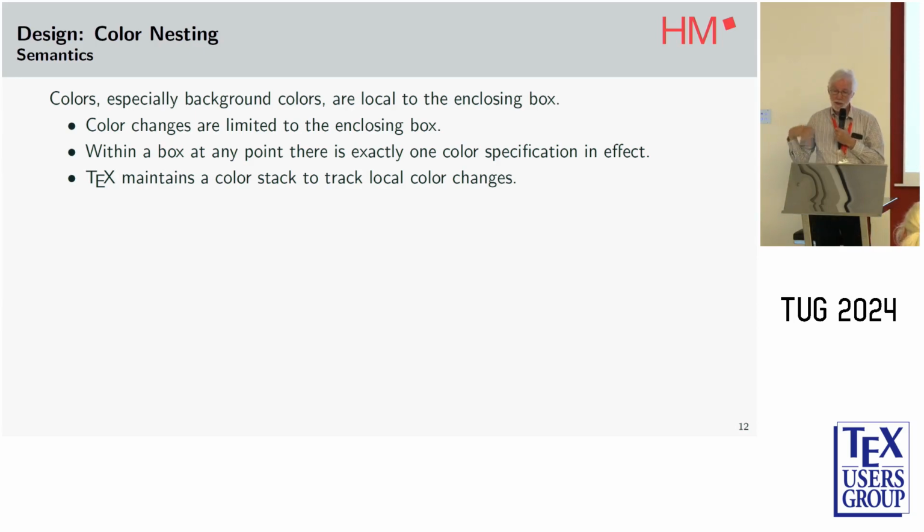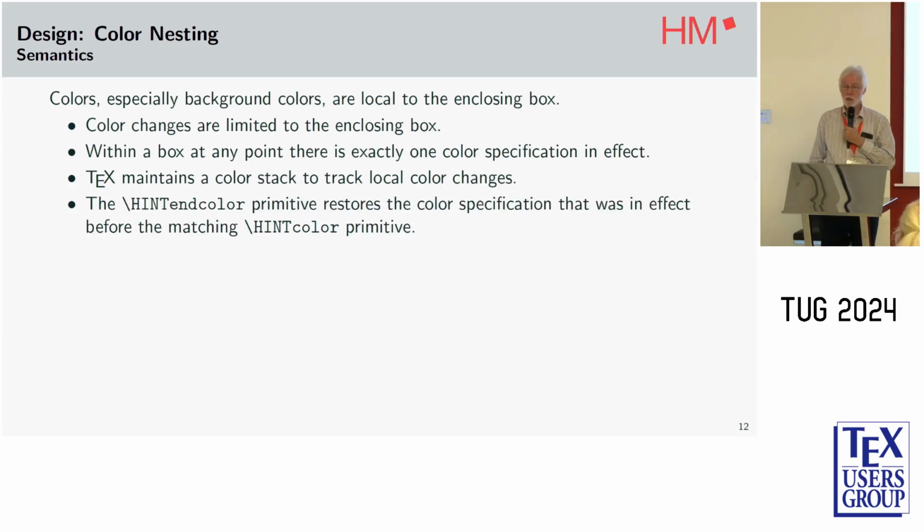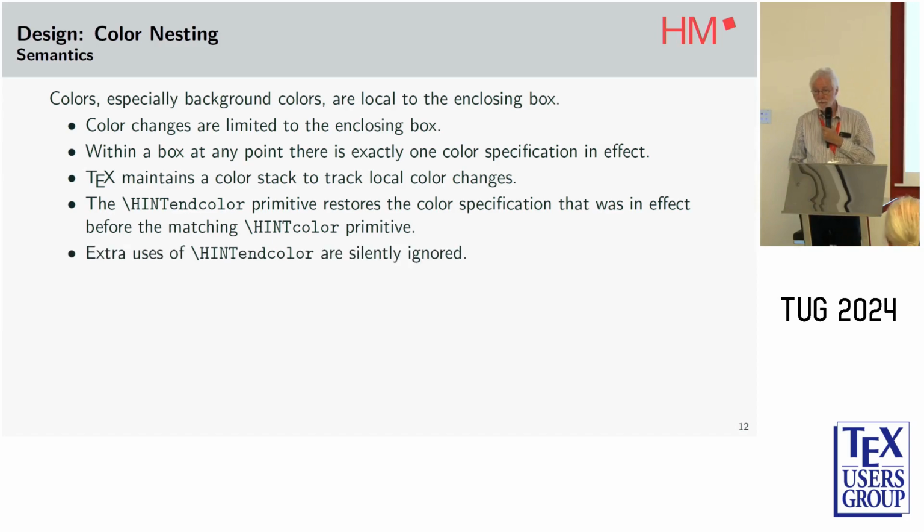But when TeX generates the files, it has this color stack, and it gives you an end color primitive. And the end color just returns to the color that you had before the last change. So you can have something like nested colors because of that stack inside of a box. And extra uses of end color are silently ignored, so you can make sure that you return to normal by using an extra end color.